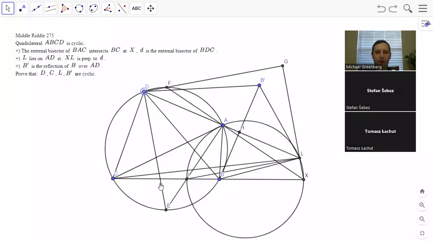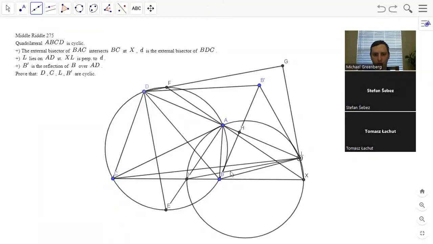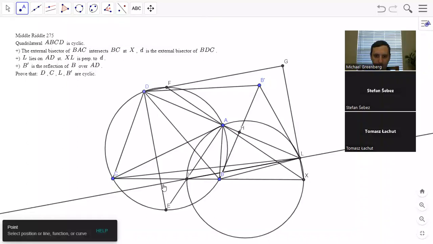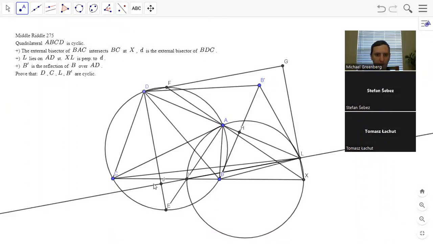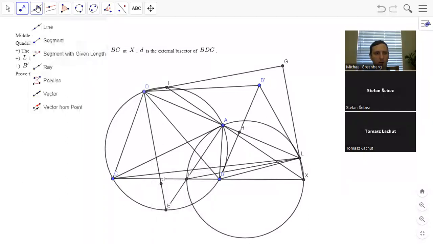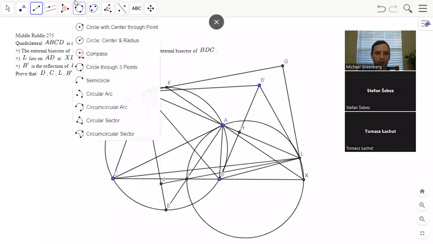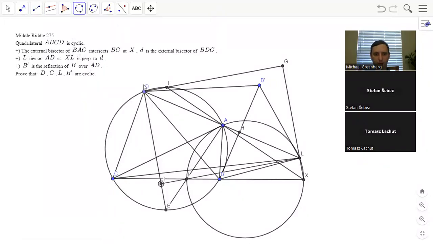And then once we get that, does that make things any easier? I don't know. Obviously, rectangles are cyclic, so.